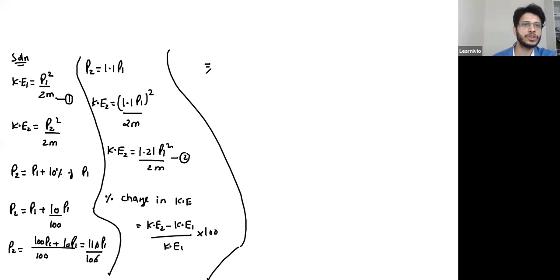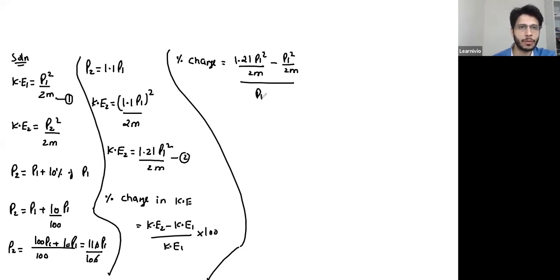So the percentage change in KE is 1.21 P1 square by 2m minus P1 square by 2m, divided by P1 square by 2m, multiplied by 100.